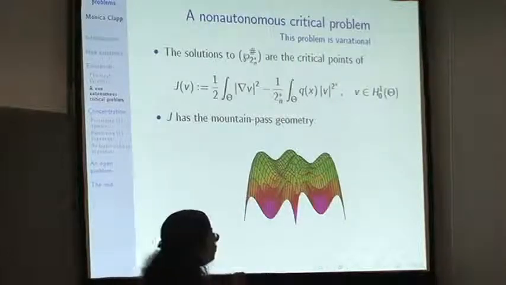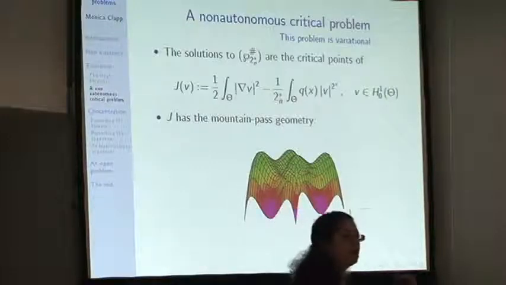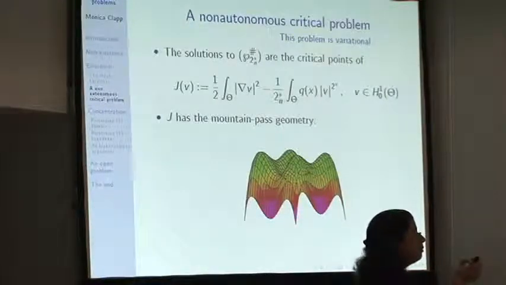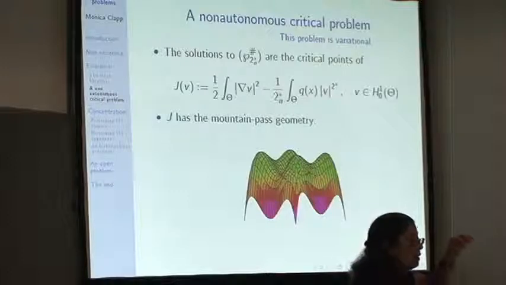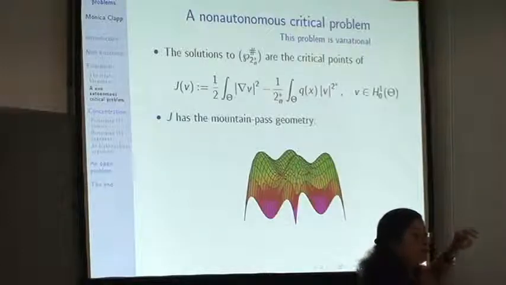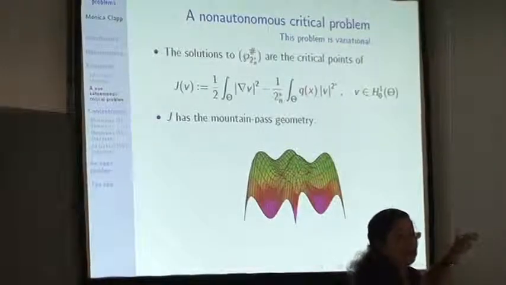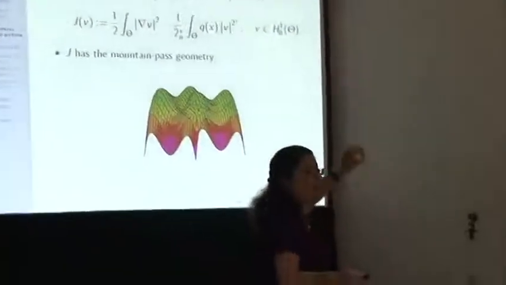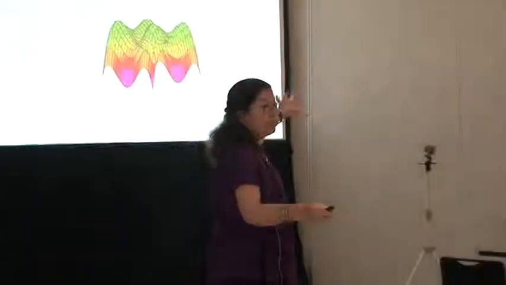One is tempted, of course, using variational methods, to take a point, follow the negative gradient flow, and hope that it will take you to a critical point. If you were in a finite dimensional situation, that would happen in a picture like this. But we are in an infinite dimensional space.